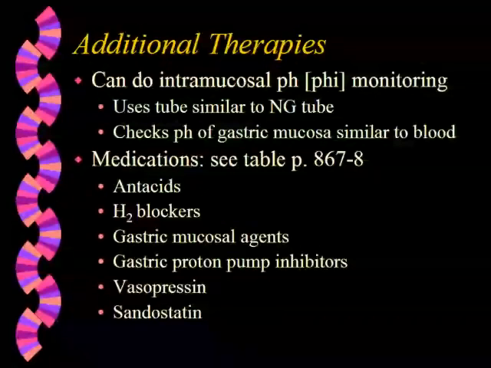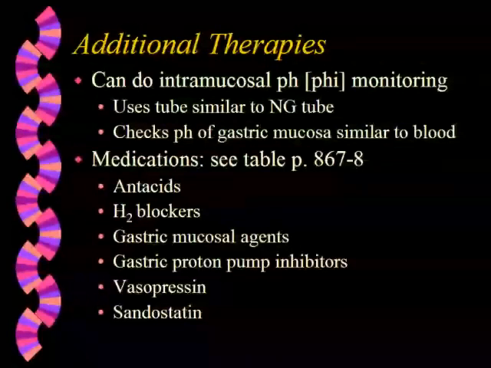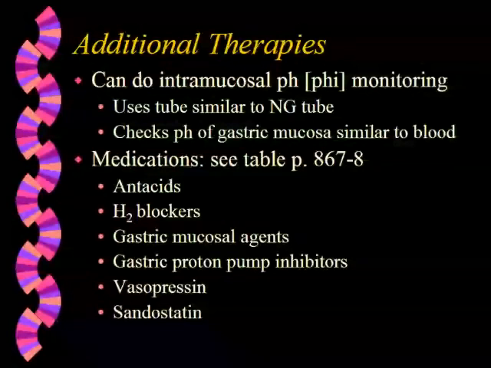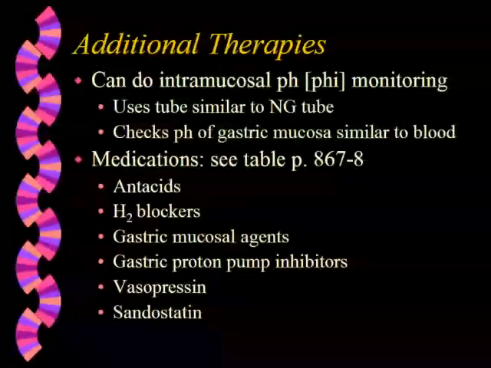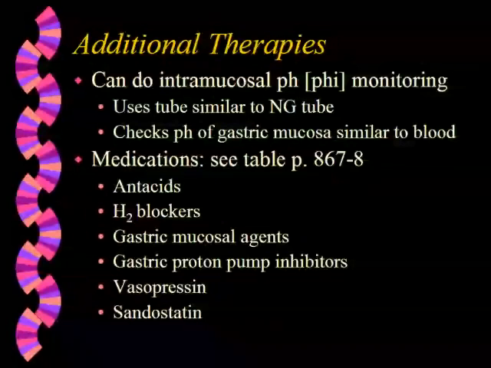Medications are on a table on pages 867 to 868, but they include your antacids, H2 blockers, gastric mucosal agents, proton pump inhibitors, vasopressin, which decreases blood flow and portal flow, and Sandostatin, which decreases portal pressure. You can cause either hypo or hyperglycemia.